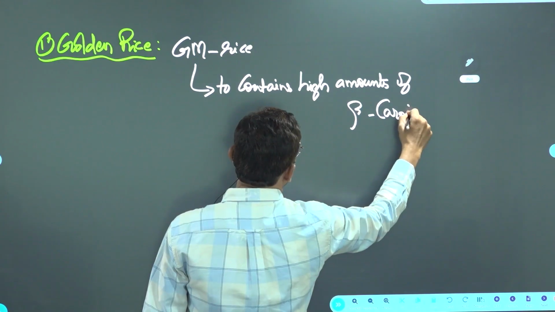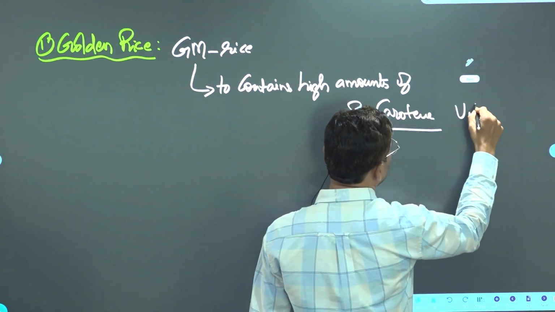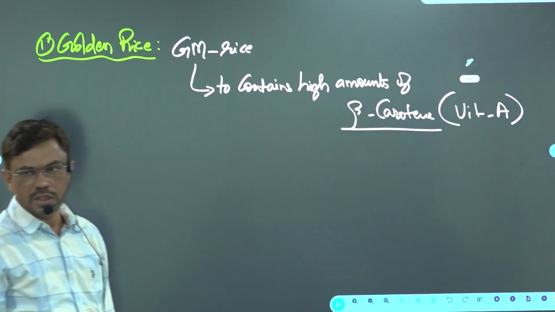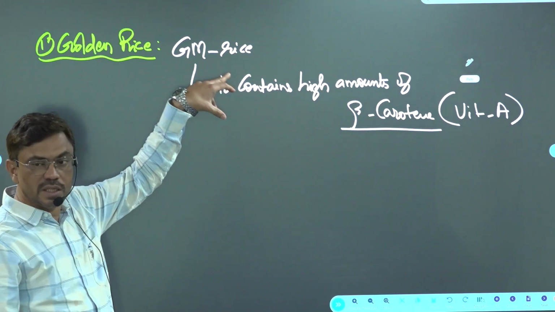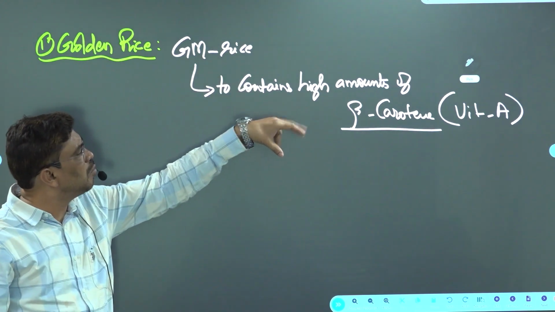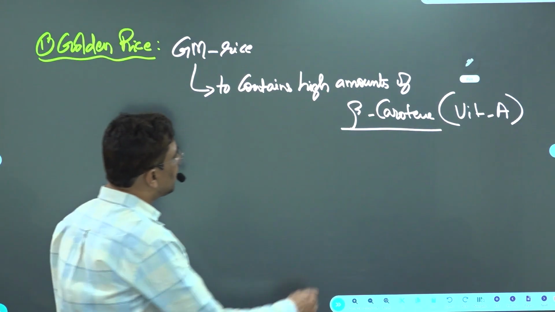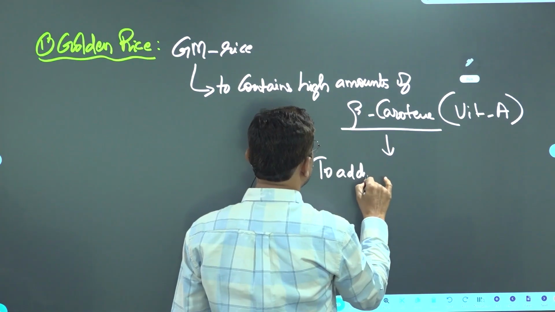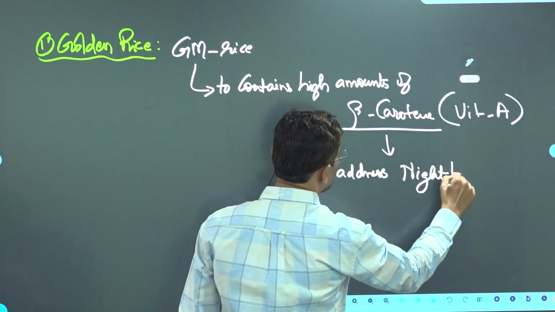What is beta carotene? Beta carotene is a precursor of vitamin A. It is the raw material of vitamin A. So golden rice is a genetically modified rice variety to contain high amounts of beta carotene to address the night blindness problem.